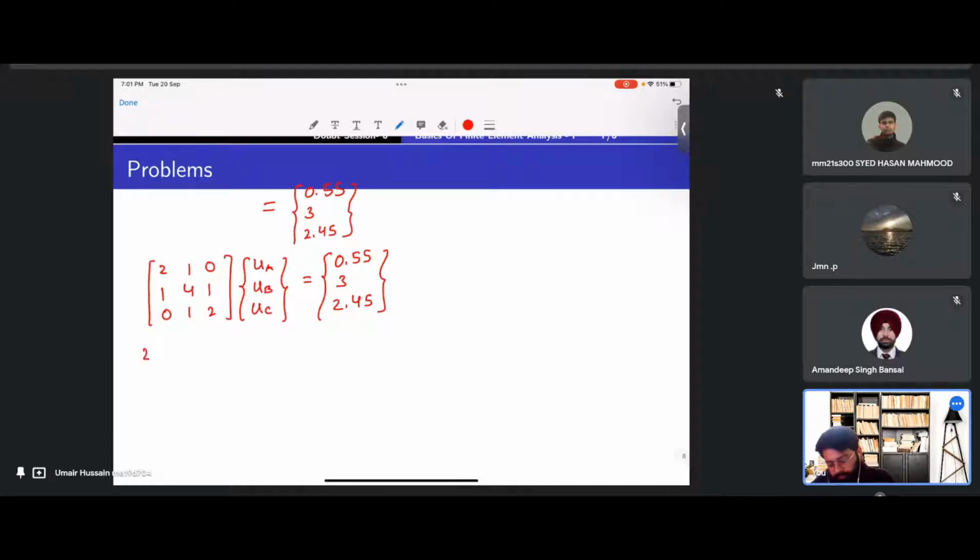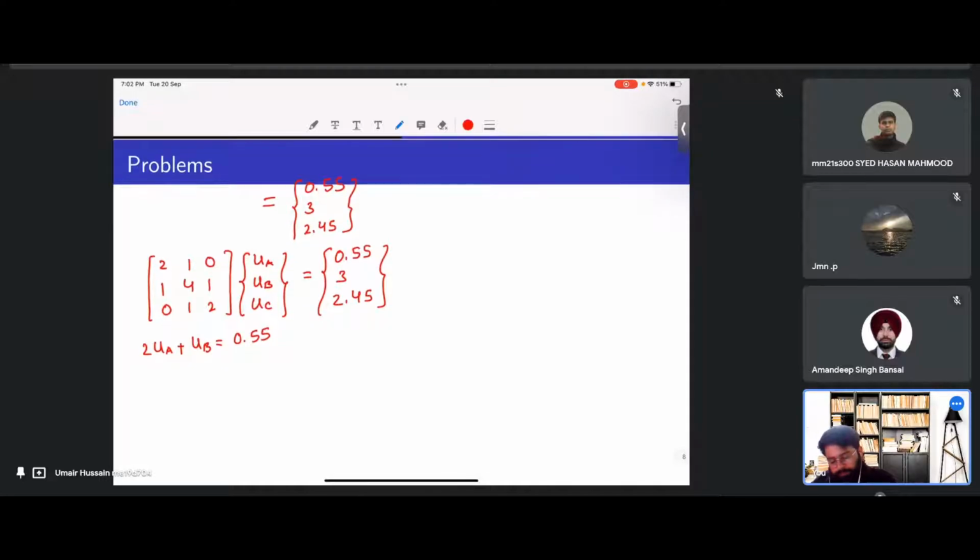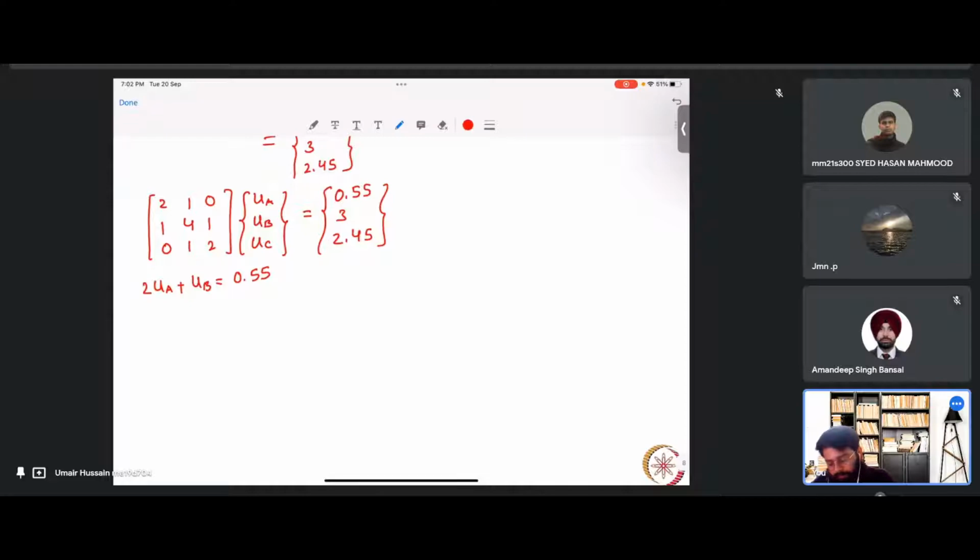So we have 2ua plus ub equals to 0.55. Then we have ua plus 4 times ub plus uc equals 3.